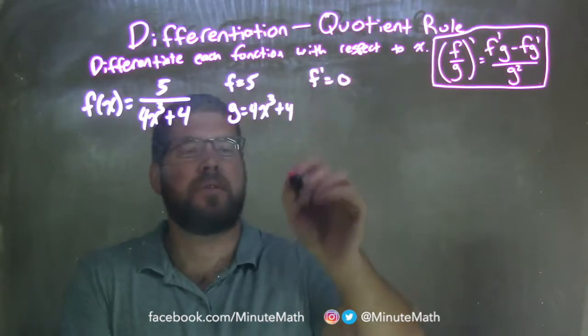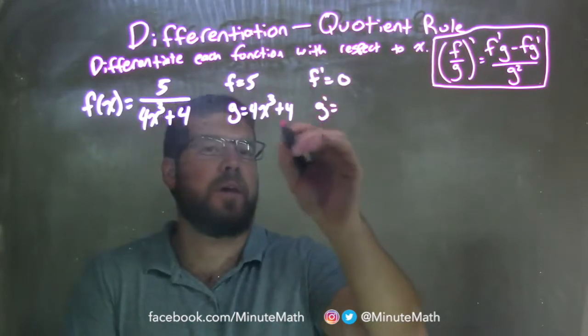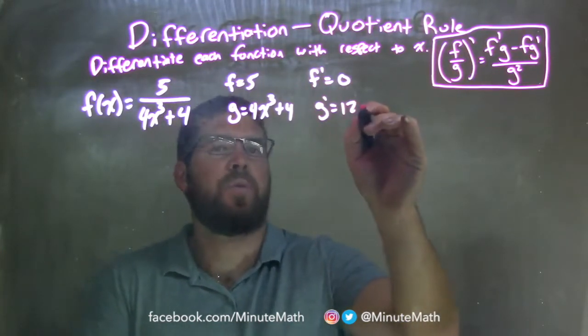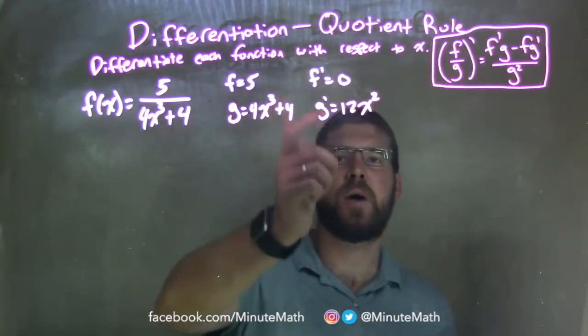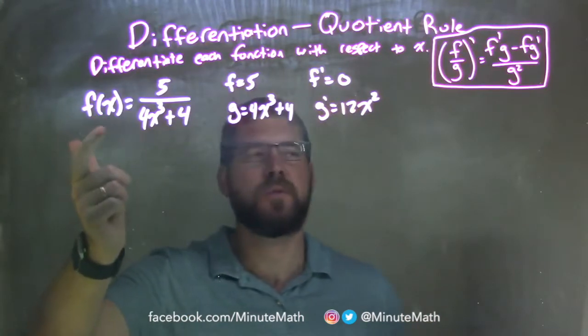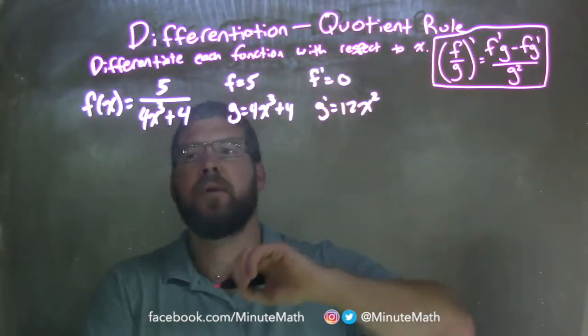f prime is just equal to 0, and g prime is equal to, using the power rule, 12x squared. So now I have f, g, f prime, and g prime. I can apply the quotient rule to my original function, and it's written right up there.